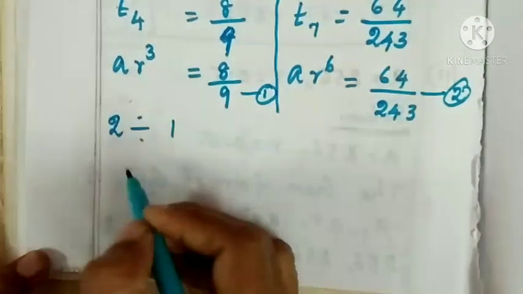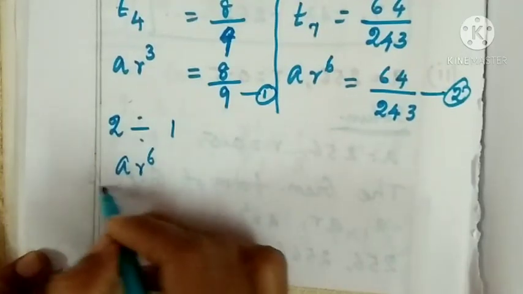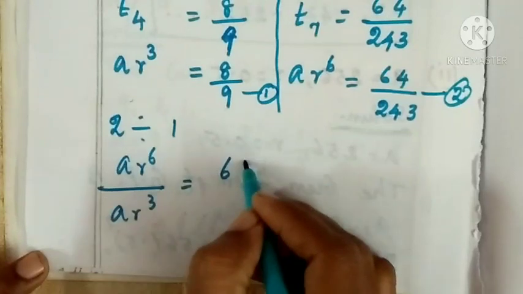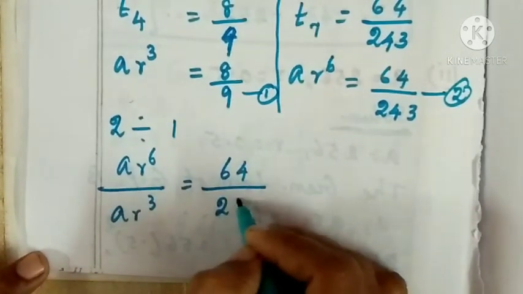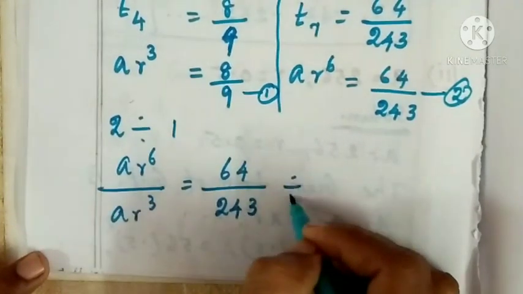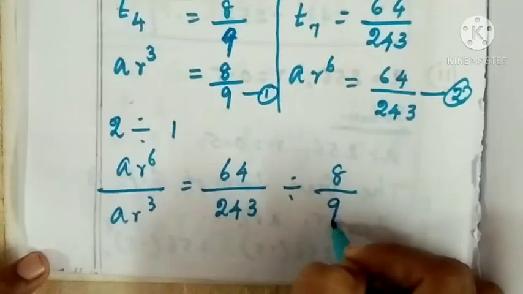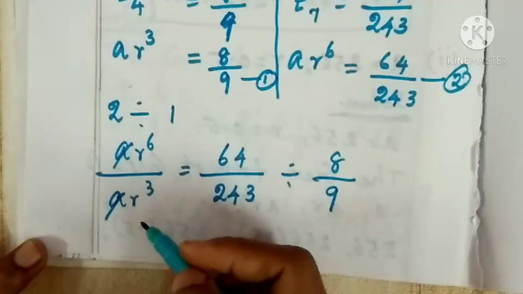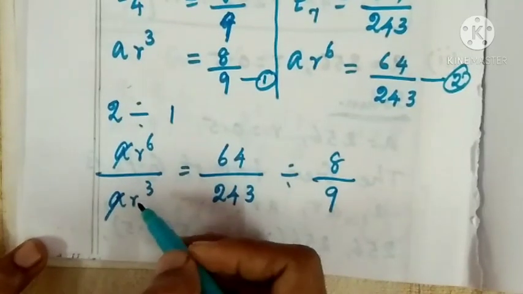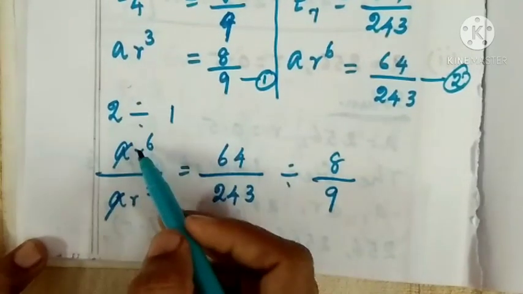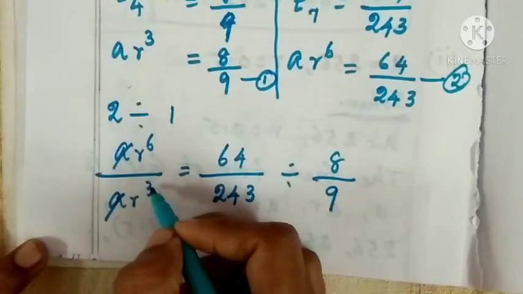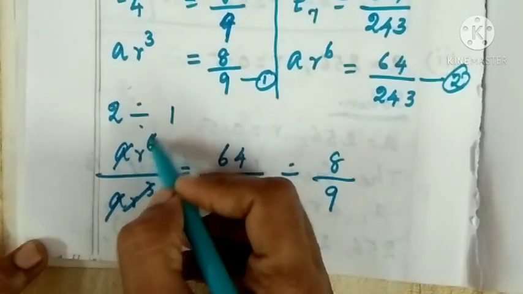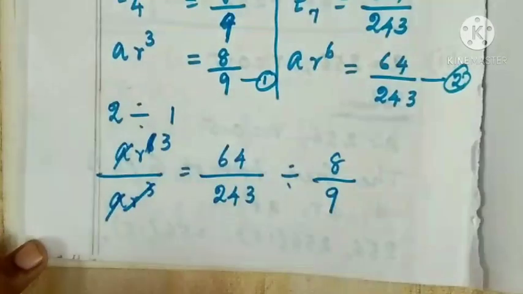That is second equation divided by first equation. We get AR power 6 by AR cube is equal to 64 by 243 divided by 8 by 9. Here A cancel and here R 3 times and here R 6 times. So you have to cancel this, means we get R cube.